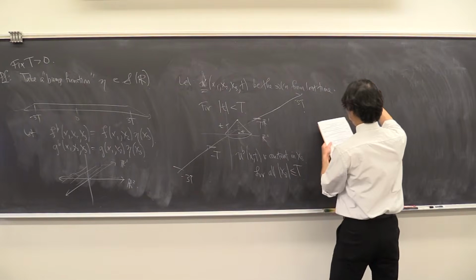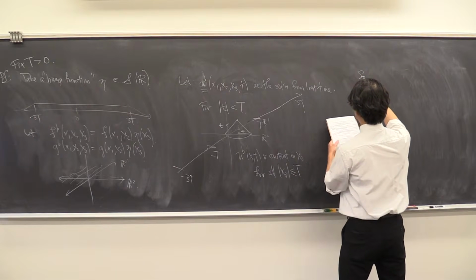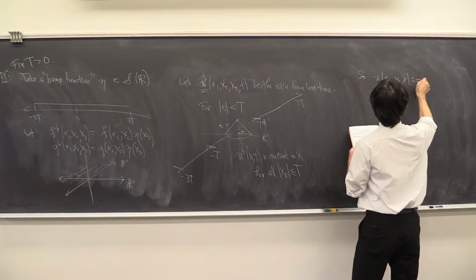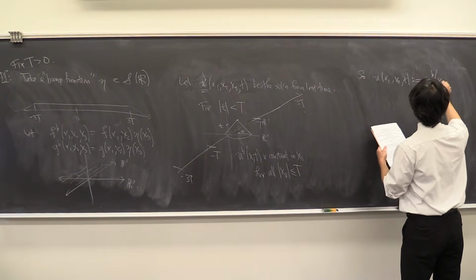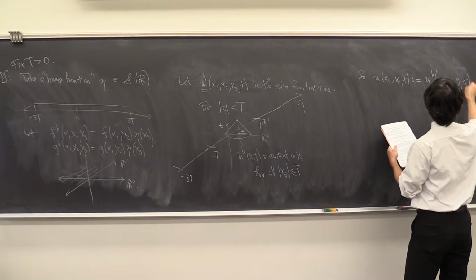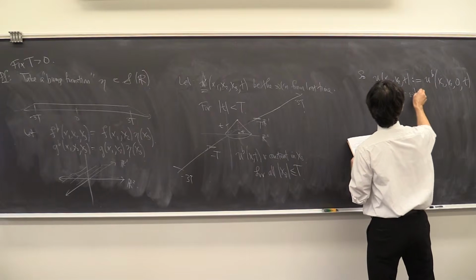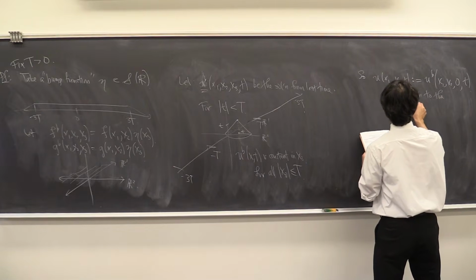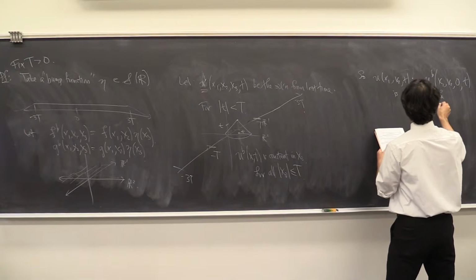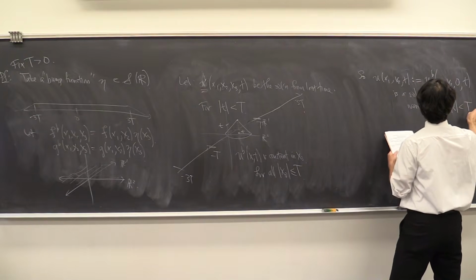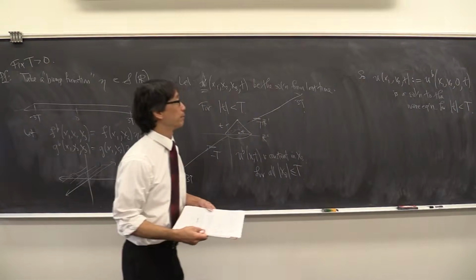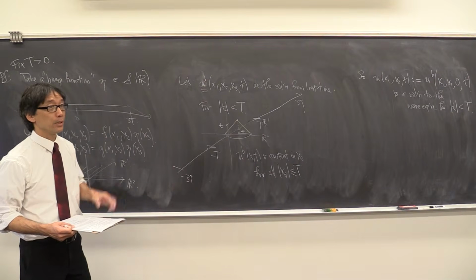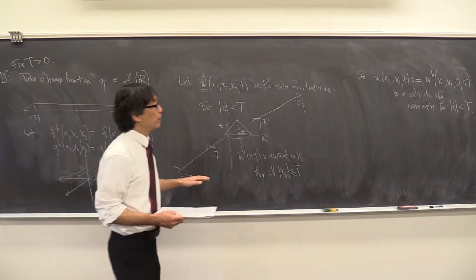And so this u x1 x2 t that we define as u flat x1 x2 0 t is a solution to the wave equation for t in absolute value smaller than big T. Okay.